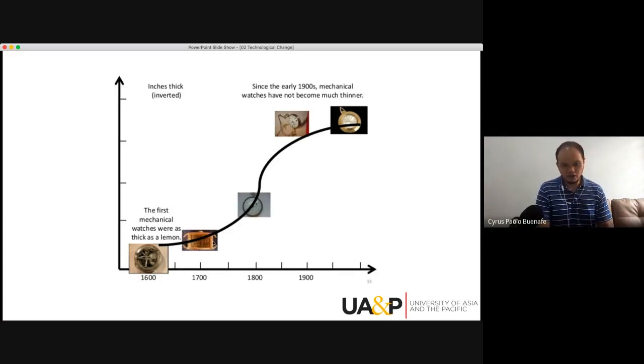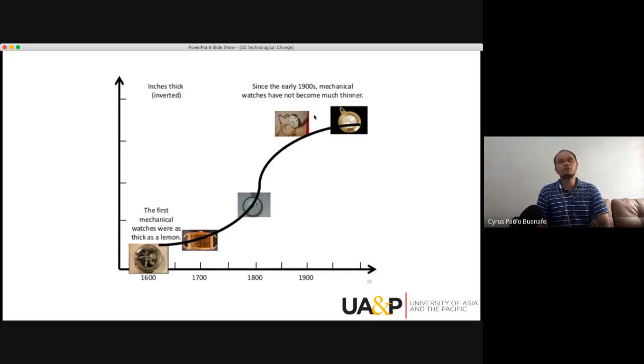And then you can see there have been some improvements over time. But at some point, it says here, since the early 1900s, mechanical watches have not become much thinner. So there's really no way for you to make it thinner and thinner and thinner. That's the reality of physics, so to speak. If you really want to make things work, there's a limit to what we can do.